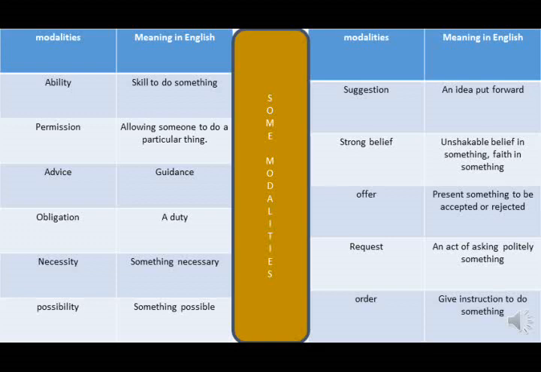There is a chart in front of you which tells the modalities and their meanings. The first modality, ability, is the skill to do something. Second one, permission, allowing someone to do a particular thing. Ability means the ability of a person to do something, and permission means giving or taking permission to do a particular thing.